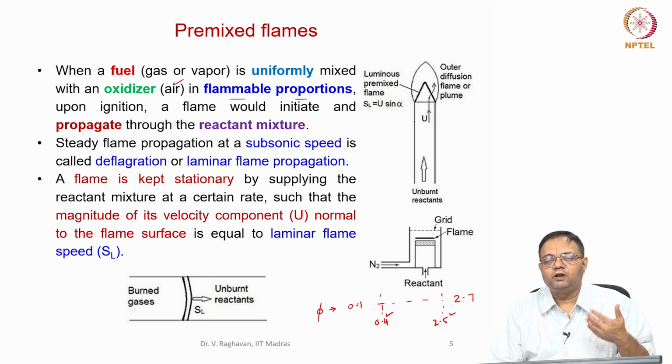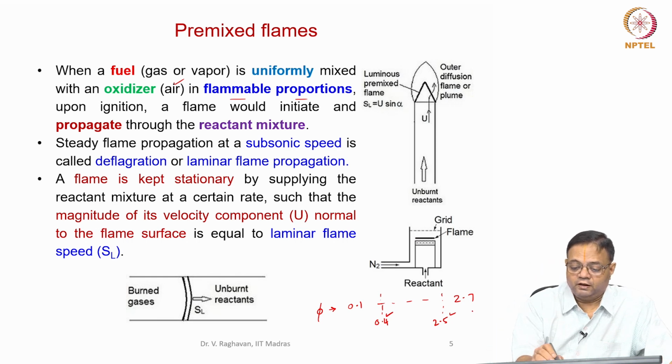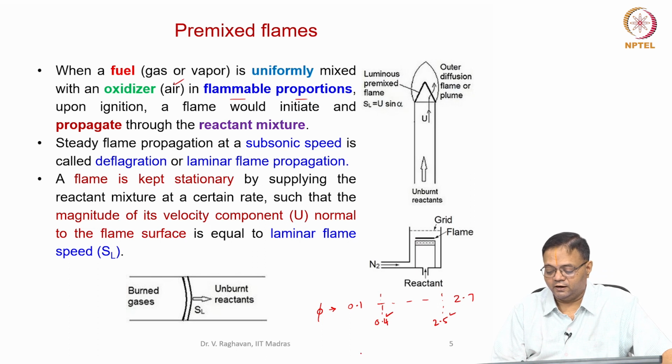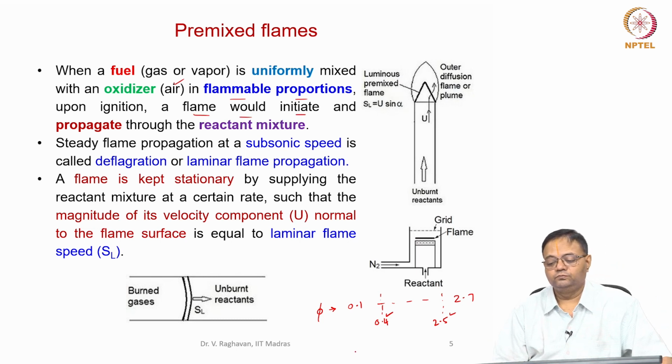That is, you will not be able to form the flame itself by ignition. Similarly, when the equivalence ratio is more than 2.5, it may not cause ignition. So, the flammable proportion is such that if the equivalence ratio of the mixture is in between 0.4 and 2.5, it's just some numbers, it is dependent on the fuel, then upon ignition a flame would initiate.